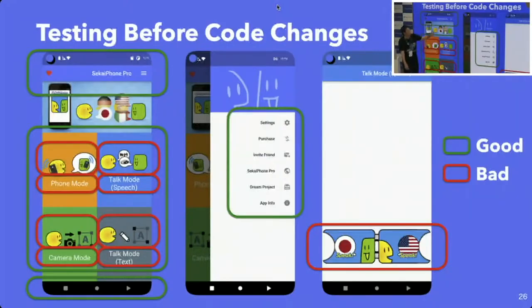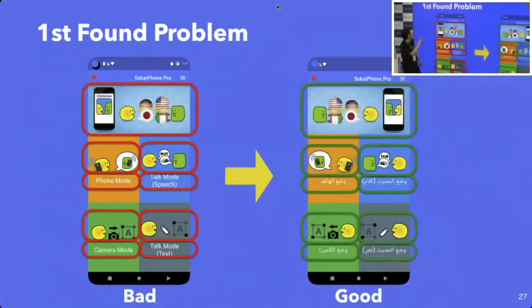Okay, let's analyze all these problems. For example, this green square is a good point. Some points are very bad. So, okay, let's analyze. The first problem found is this. In a right to left language world, we have to reverse the image direction, so the character's position is different.